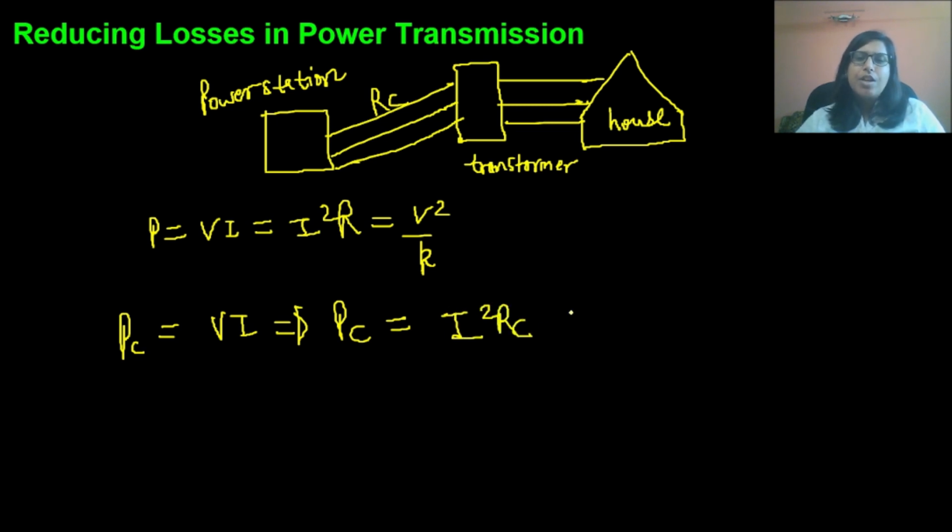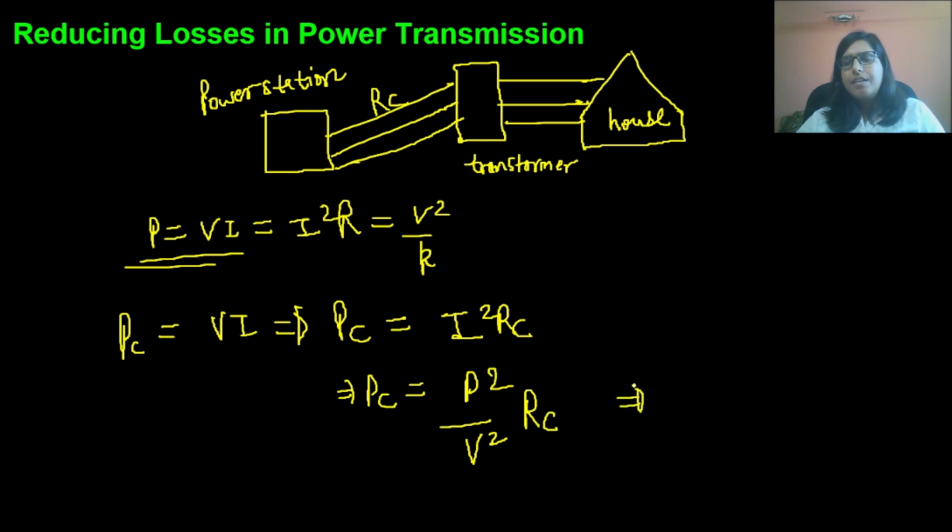I will be the same. So from here PC equals, putting the value of I, P square upon V square into RC. We can see PC is inversely proportional to the square of the voltage. That means at high voltage the power loss will be less.